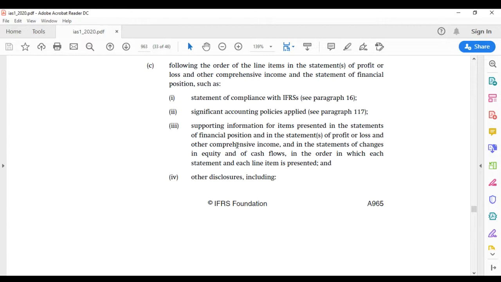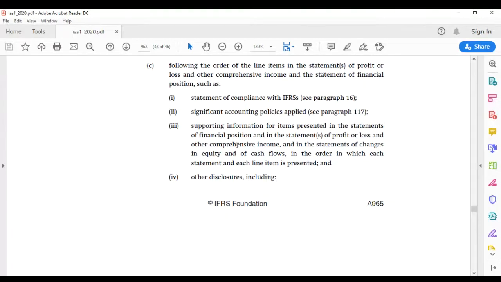In other words, to make comparability possible.